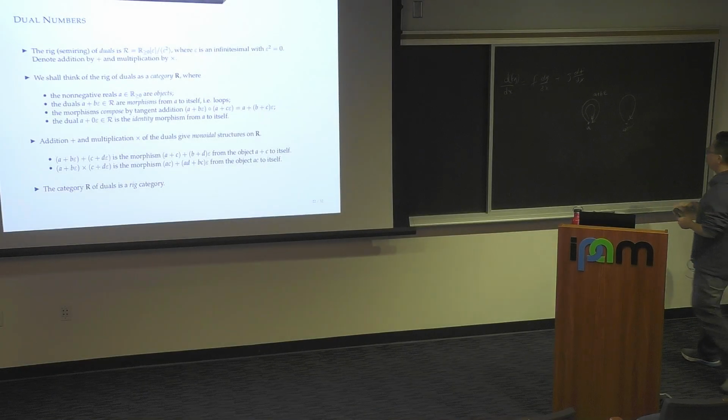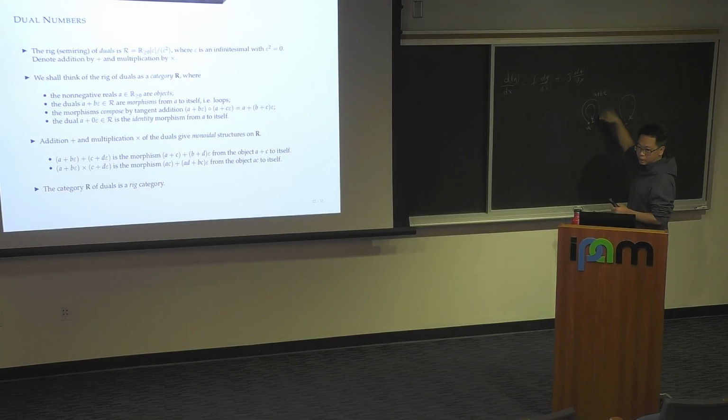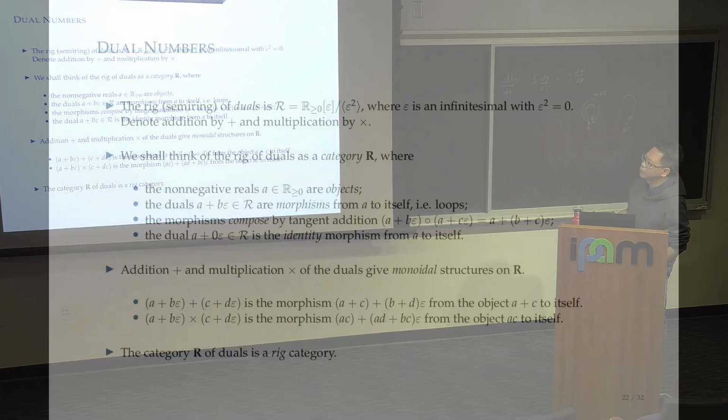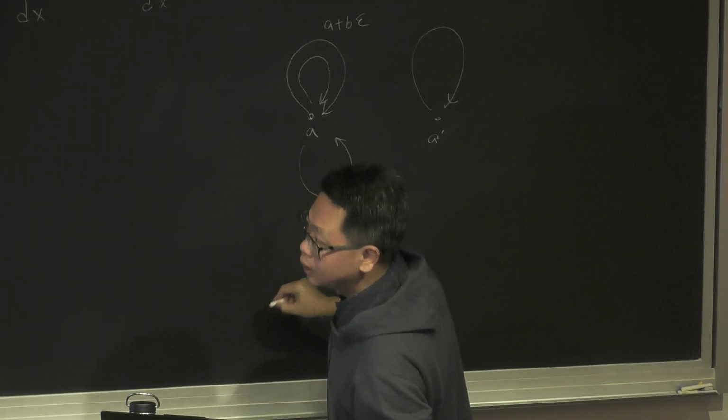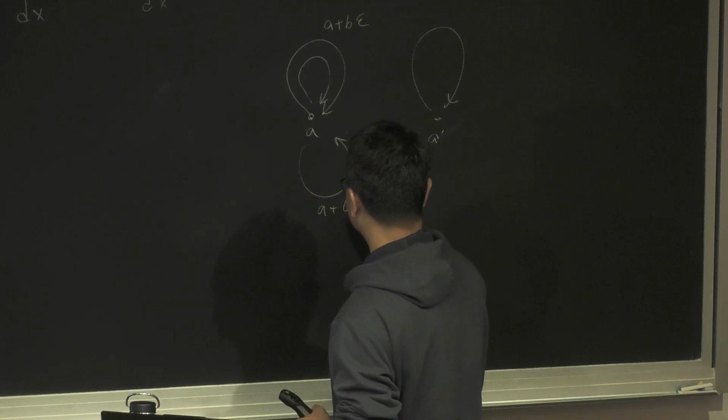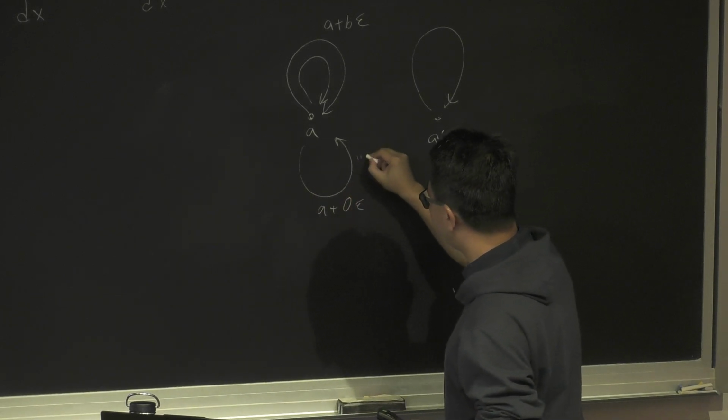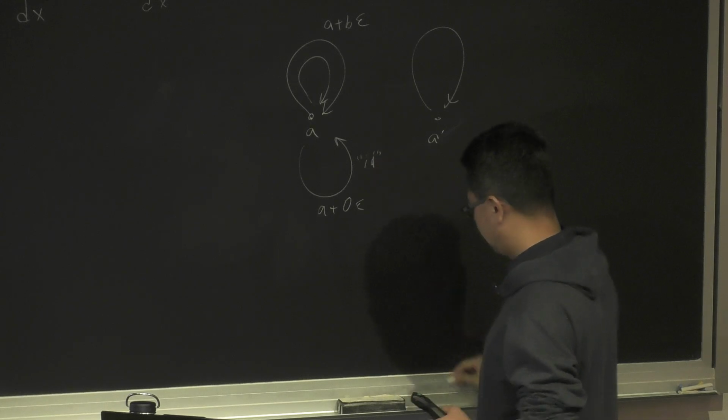And when you compose two loops, or two of these morphisms together, they compose by multiplication. And then we have the identity morphism, which is given by a plus 0 epsilon.